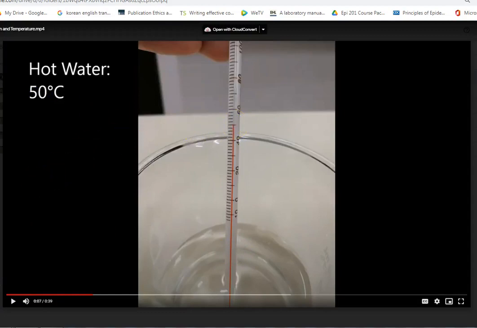So one is cold, the other one is hot. Now we place both beakers in an area where they will not be disturbed. And then we slowly added the same amount of potassium permanganate crystal in each beaker. So make sure that the amount of potassium permanganate is more or less the same for each beaker.